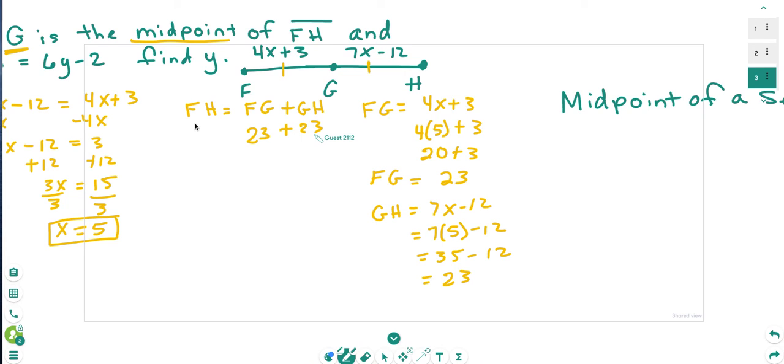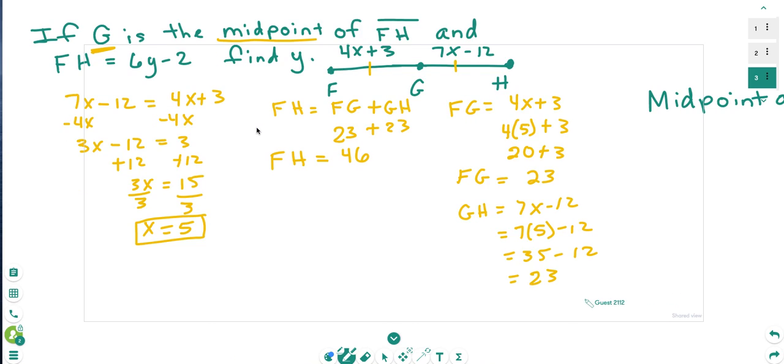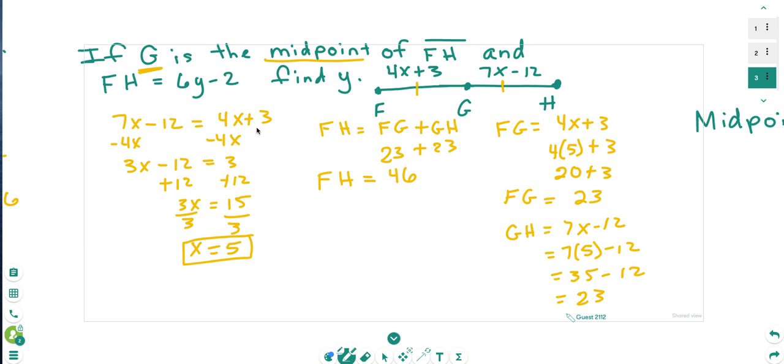Now I know that FH should equal 46. So I'm going to come back over here and see what the equation for FH is. The equation is 6y minus 2, found up here in the given, is going to equal 46.